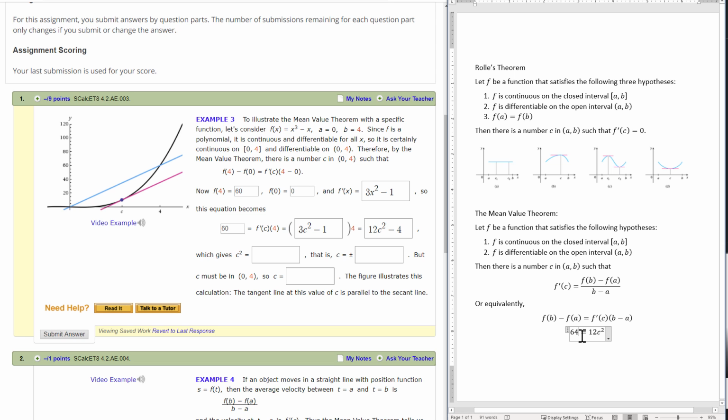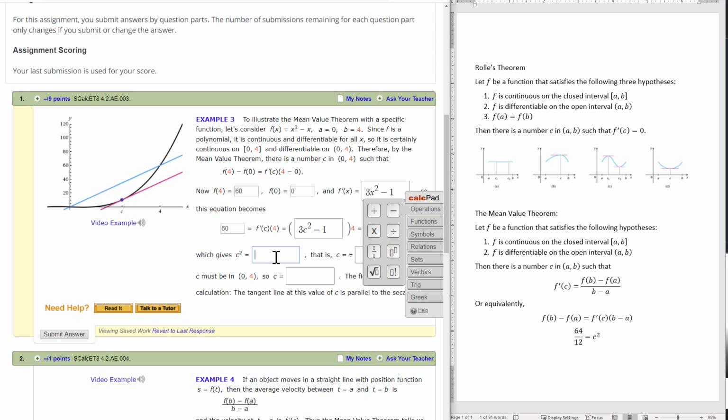And then I need to divide by 12. So reduce maybe. Half of 64 is 32, this is going to be 6. We could take half of that again. That's going to be 16 over 3. So let's try 16 over 3.